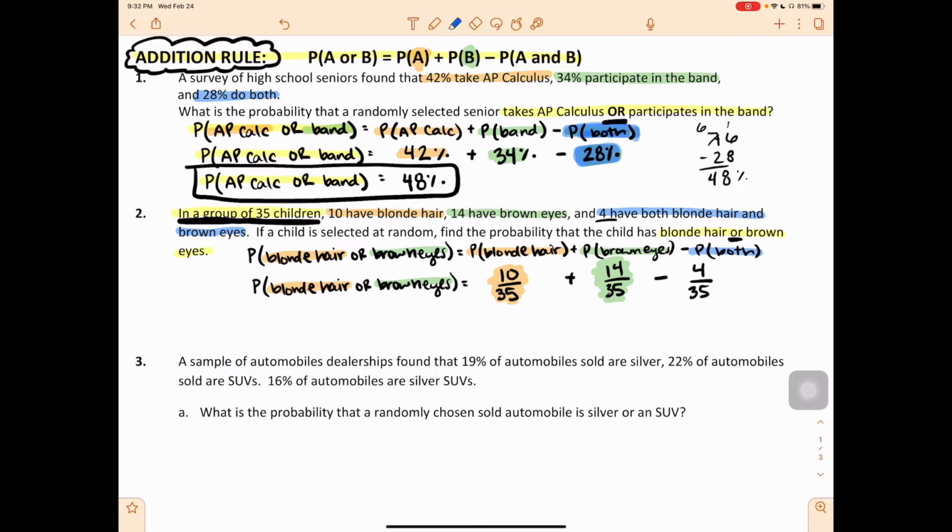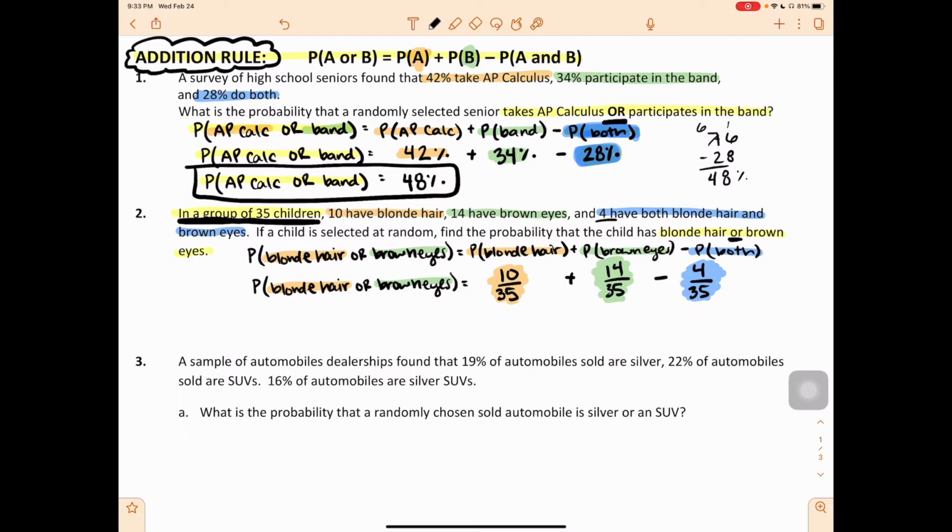So I'm going to subtract 4 out of the 35. Once again, all the students who have blonde hair are counted here, regardless of their color of eyes, and all the students with brown eyes are counted here, regardless of their color of hair. So I have to take out those students who were double counted because these students have both blonde hair and brown eyes.